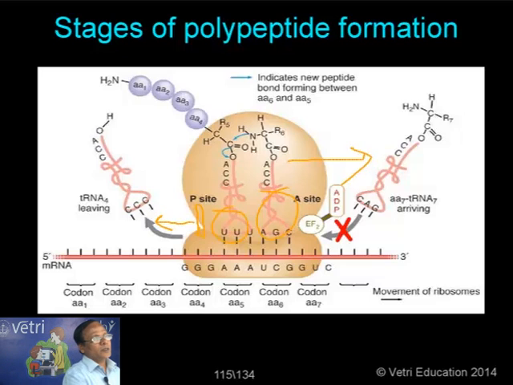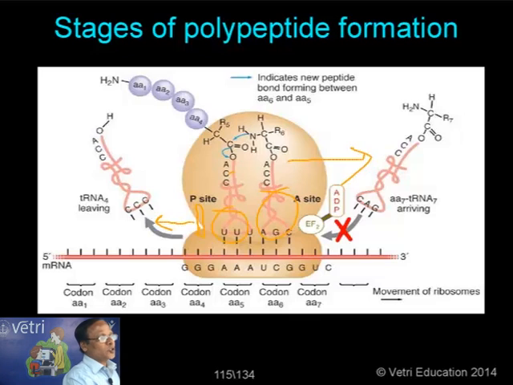Now you see that this is an amino acid tRNA. Here I mentioned the 7th tRNA having the 7th amino acid. Already 1, 2, 3, 4 amino acids have been added. This is the 5th amino acid in the P site and this is the 6th amino acid in the A site, and there is a peptide bond between the 5th and 6th amino acid with the help of peptidyl transferase.